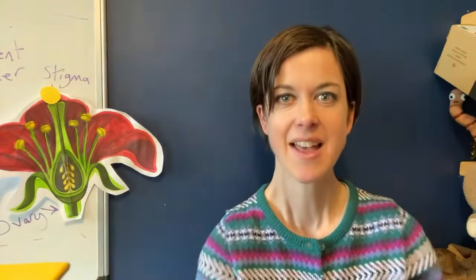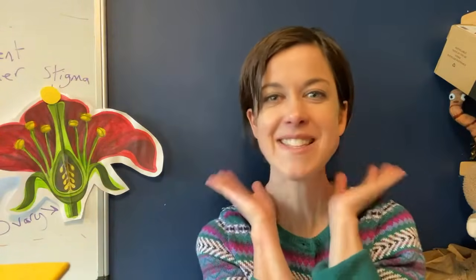Style. Stamen. Anther. Stigma. Ovule. Style. Ovary. Sepal, protecting the bud. Anther, pollen going off. Stamen. Stigma. Those are the two I get confused. Filament. And one last ovule.